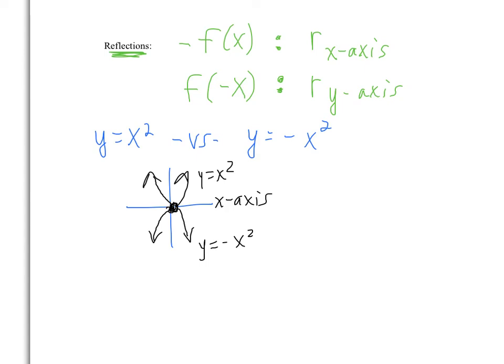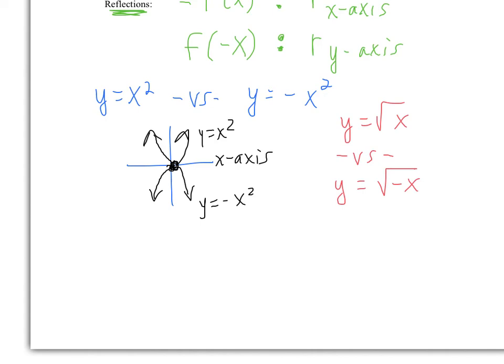Let's consider the function y equals the square root of x versus y equals the square root of -x. Notice how this time we're negating the inside. Well, if you were to graph these two functions, here is the square root of x.